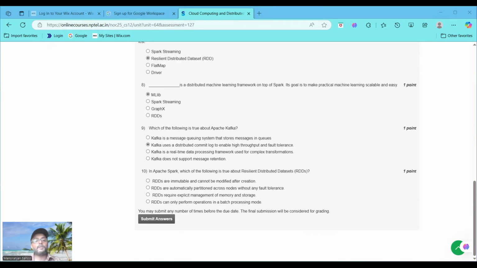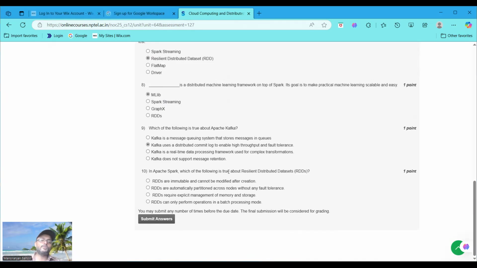D is incorrect because Kafka supports configurable message retention. So only option B is the appropriate answer. 9 option B.